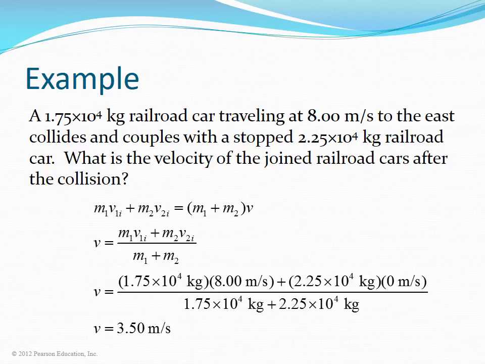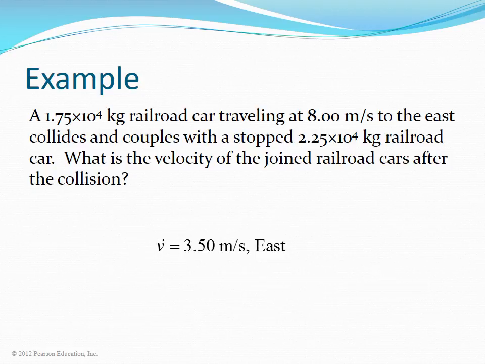Solving for the final velocity gives 3.50 meters per second. Since we are asked for a velocity, we must specify a direction. Since the velocity found is positive and positive is east, the velocity is 3.50 meters per second east.